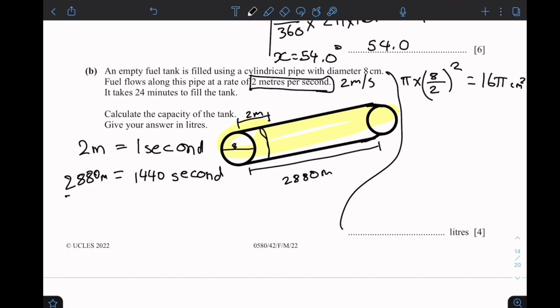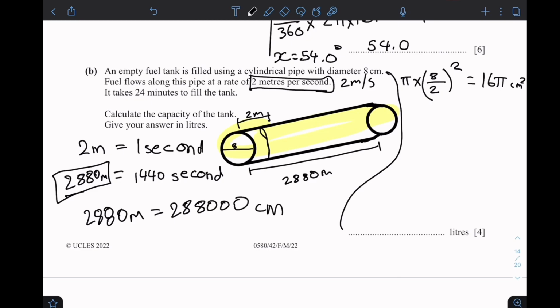And this is 2880 meters, right? Let's just convert that to centimeters. So 2880 meters multiplied by 100 gives us 288,000 centimeters. Add two more zeros. So now we know volume is equal to area into height, and we know the height, which is 288,000 centimeters.